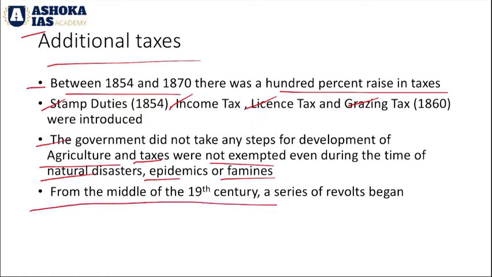So in retaliation, from the middle of the 19th century, a series of revolts began in Assam and the northeastern areas. We will discuss the most important ones, and the things which are actually important from the prelims point of view.